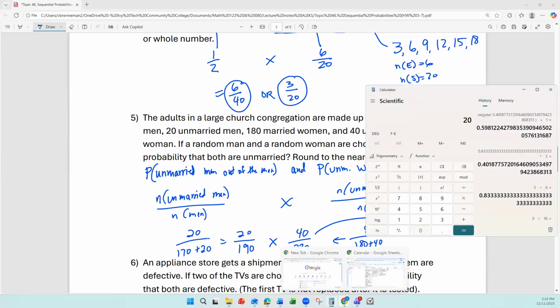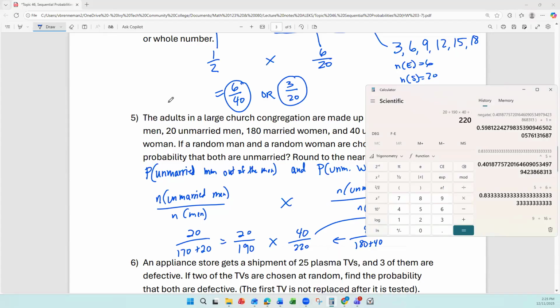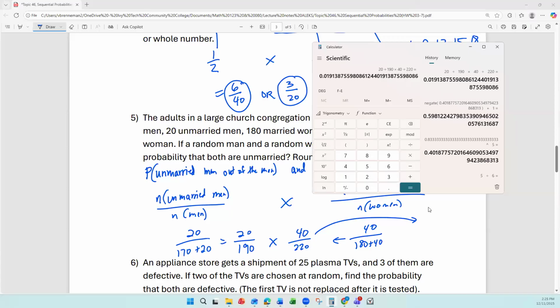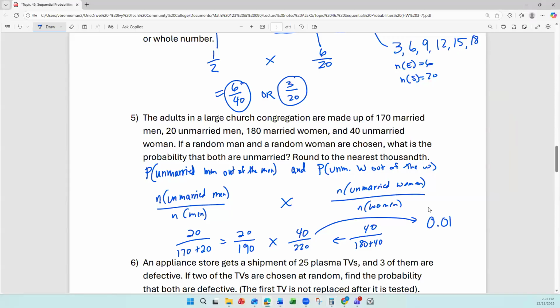Do 20 divided by 190 times 40 divided by 220 is 0.019.